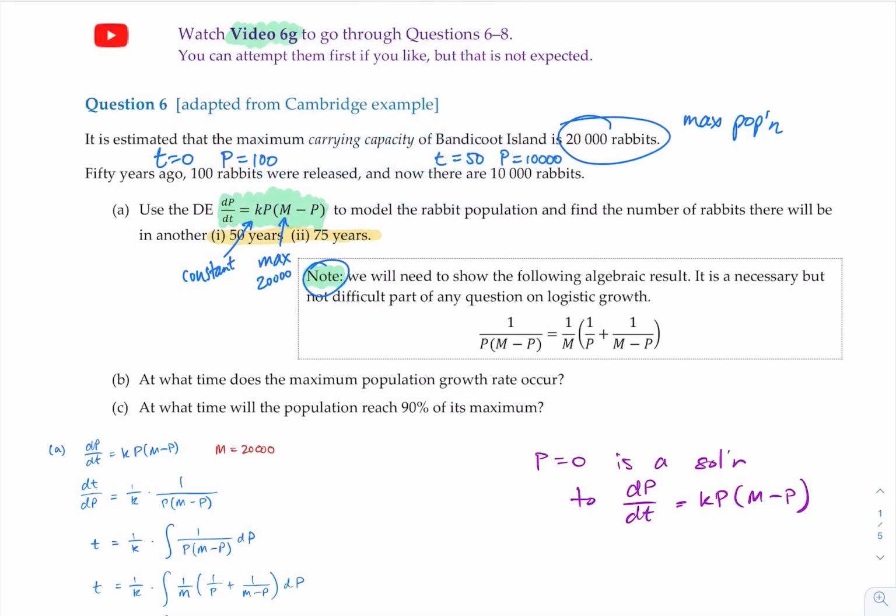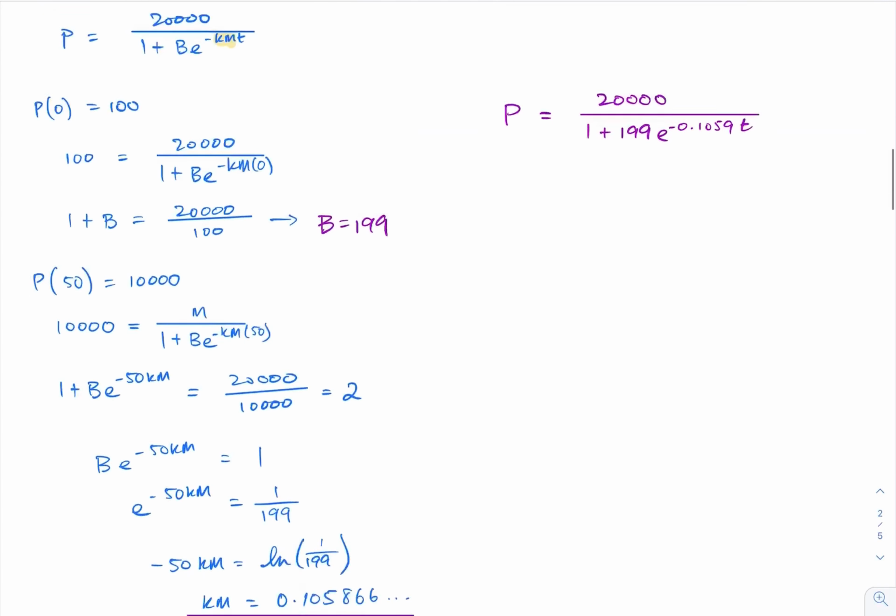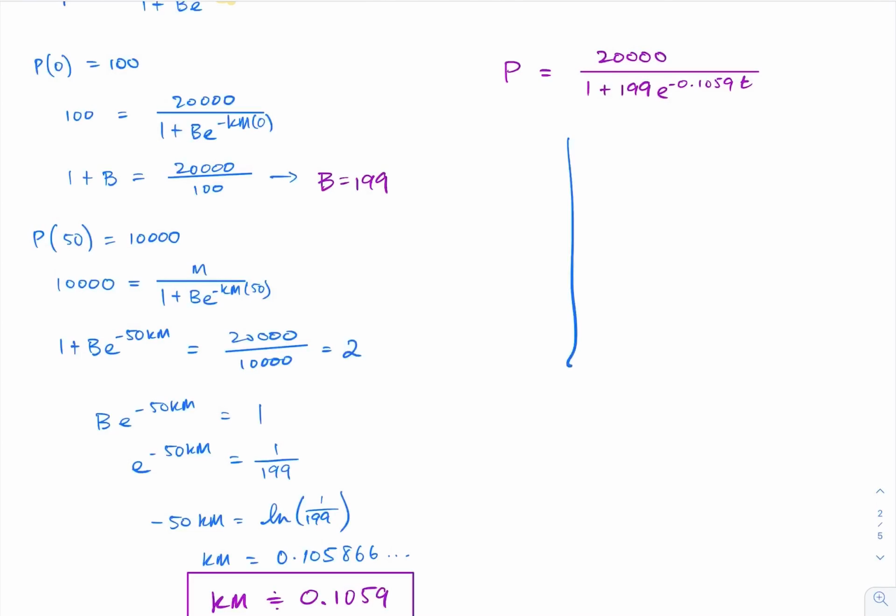So, that's supposed to be a straight line. Jeez. All right, I give up. Okay, so t and P. So we know that we're given values for 0 and 50, that's 100 and 10,000.